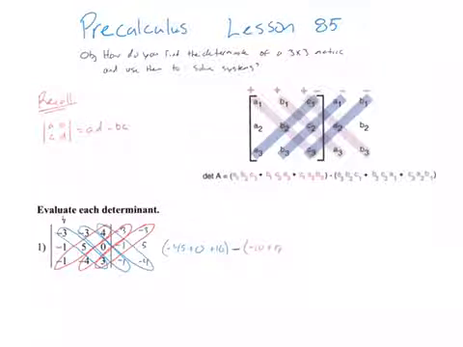Plus 0, because this one comes out to be -20, this one comes out to be 0. 3 plus 9. It's 3 times -1. Simplifying that down, it's going to be -29 minus and minus 11. So -29 plus 11 comes out to be -18. So the determinant of number 1 there is -18.